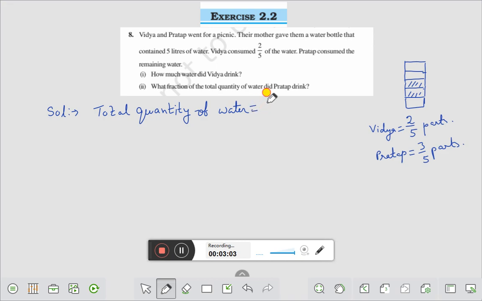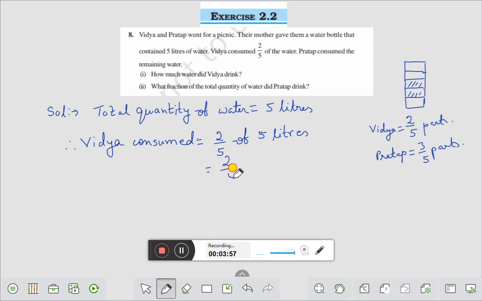Therefore Vidya consumed 2 by 5 of 5 liters. 2 by 5 of means multiply into 5 liters.